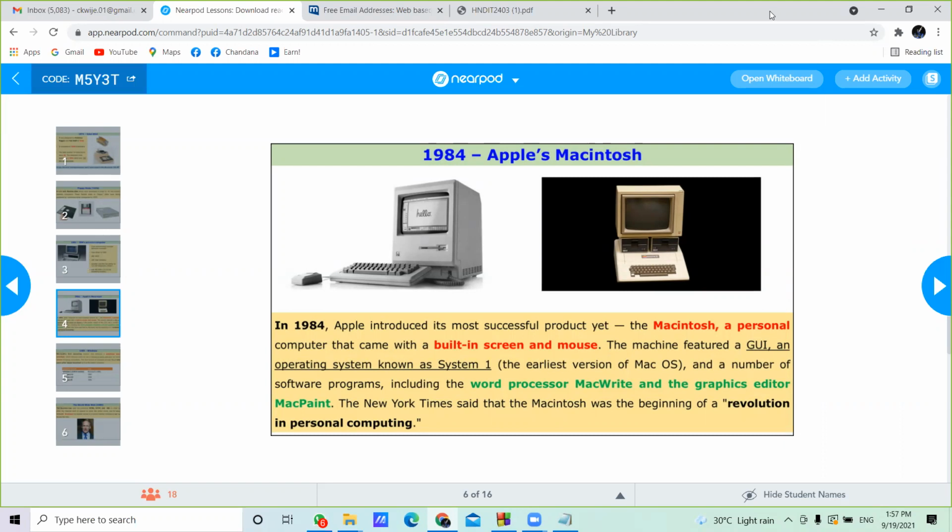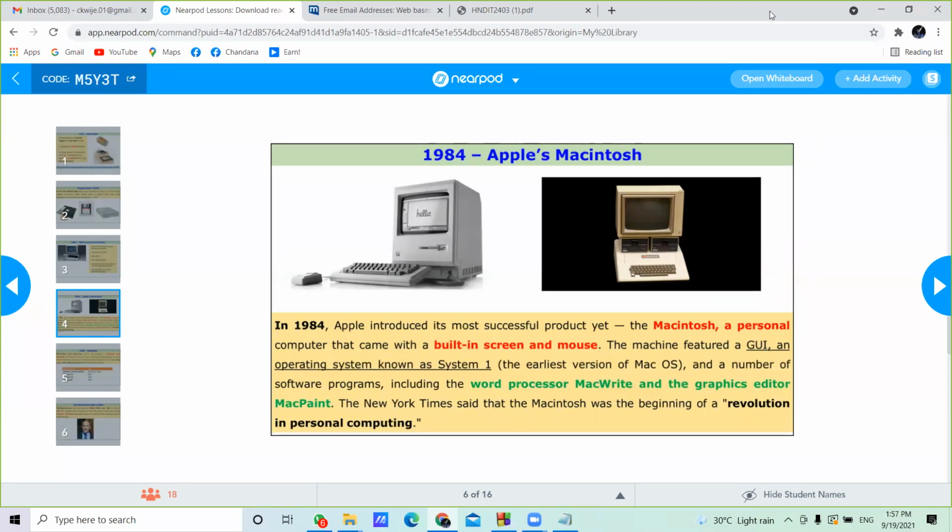The operating system they use is not accepted by Intel computers. Only these computers' operating systems work with Apple computers or Apple phones. In 1984, they first introduced this successful machine.